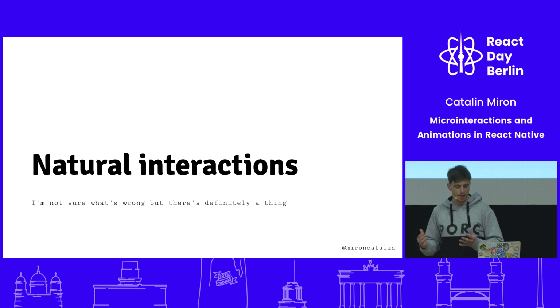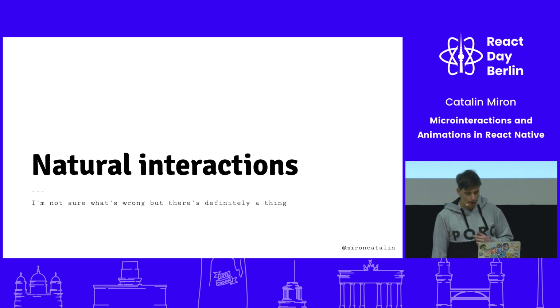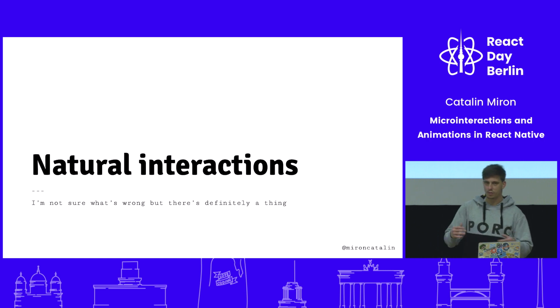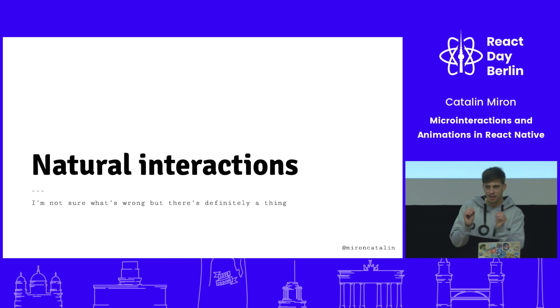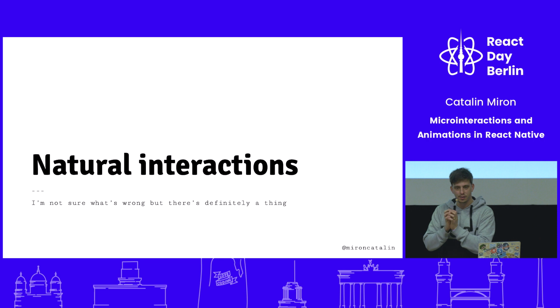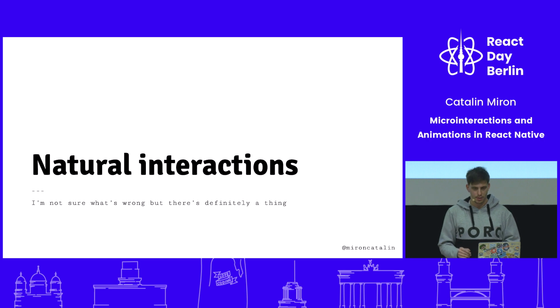A natural interaction is the right way of communicating with the user. And I'm pretty sure that most of us, including myself, were using an application and I'm not sure exactly what's wrong, but it's definitely a thing which doesn't feel too natural, like snapping or losing one frame. That's a bad user experience.